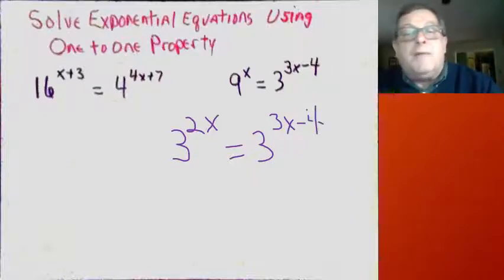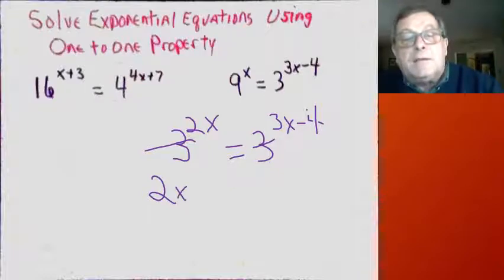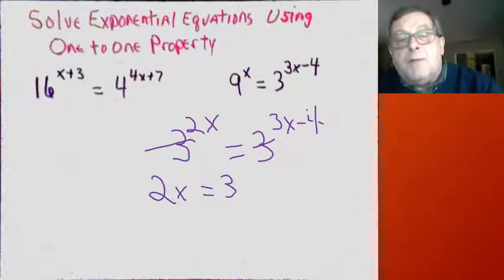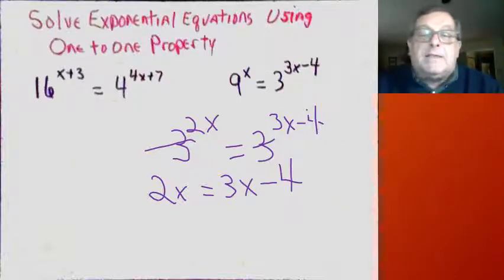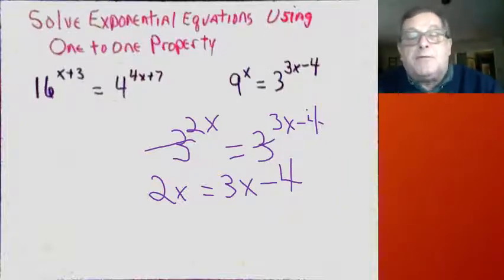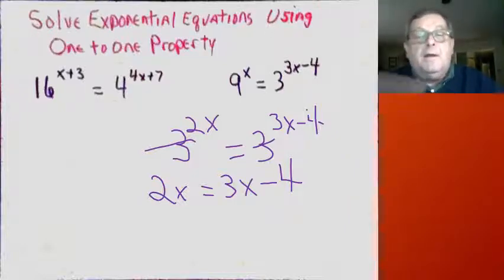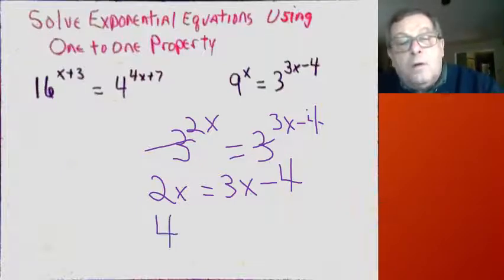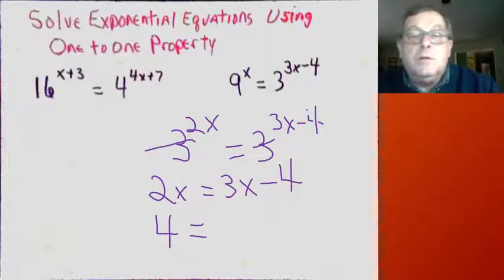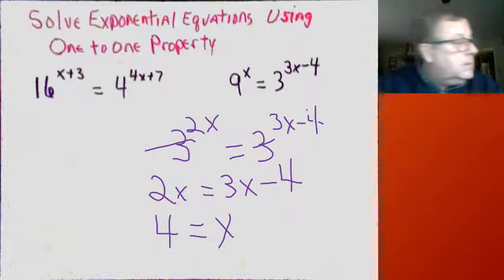Again, my bases are the same, so I can cancel those. Now I'm left with 2x equals 3x minus 4. I think I'll subtract 2x from both sides and add 4 to both sides. When I do all of that, I end up with 4 equals x.